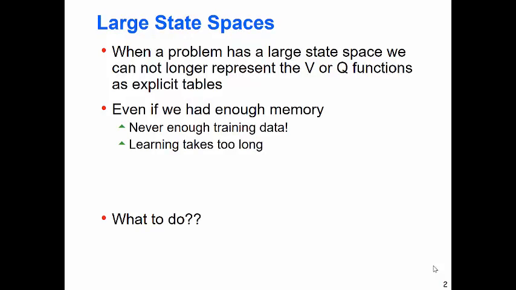All right, so large state spaces. At some point, the table, just like for your value iteration stuff, maybe we can handle 1 million states, but at some point you just can't handle it, right? It's not gonna work out.